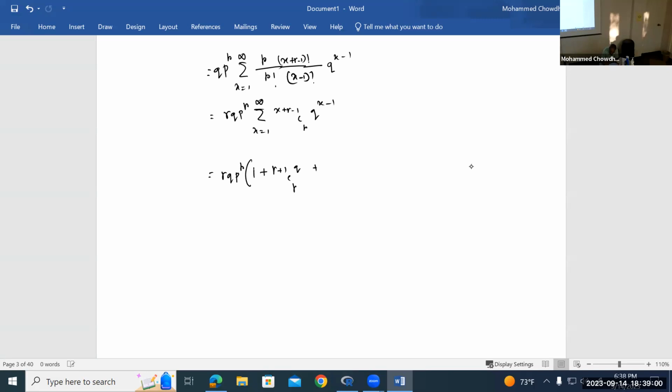If I plug x equal to 3, r plus 2, c r, and q square, all like this way, which could be written as r q p to the power r, 1 minus q to the power minus r. r q over p, r plus 1.